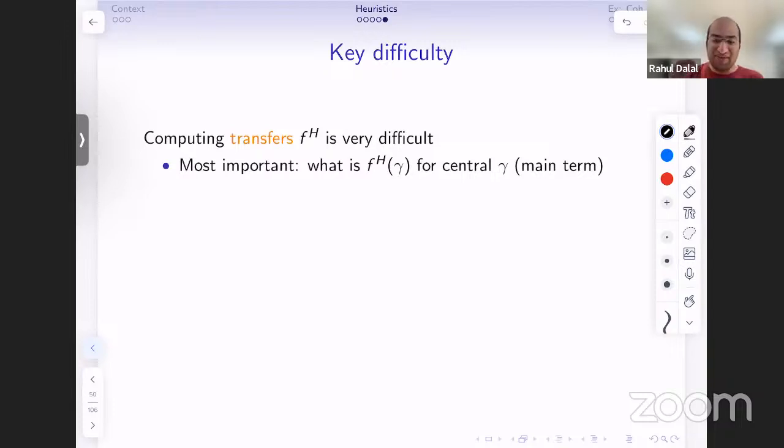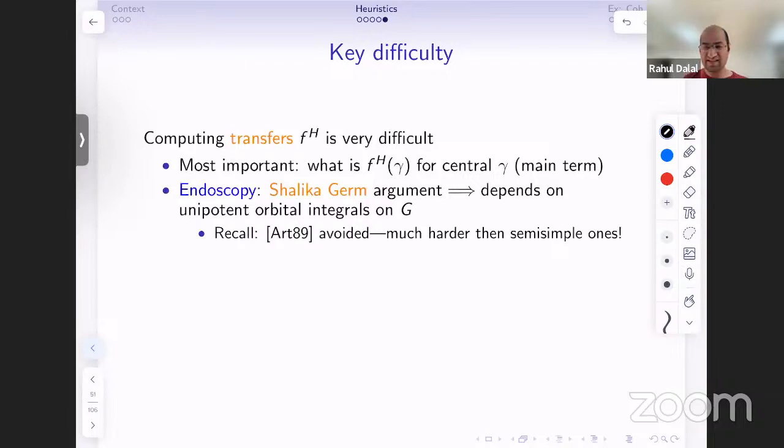So if you care about asymptotics, or just the main term, of course, what's most important is computing the transfer at central elements. And if you're just looking at the case of pure endoscopy, there's a tool called the Shalika germ expansion of orbital integrals.